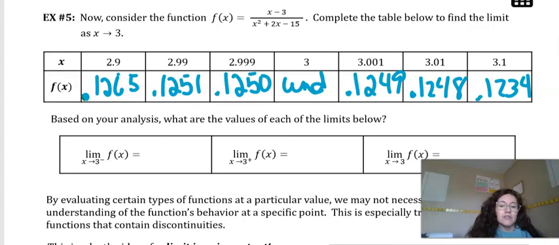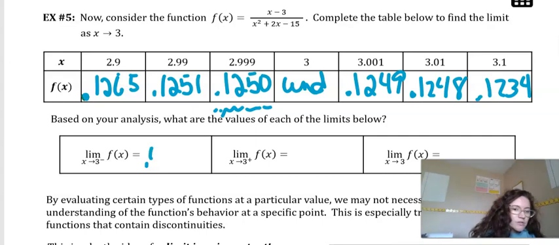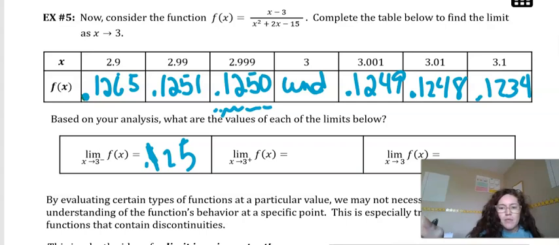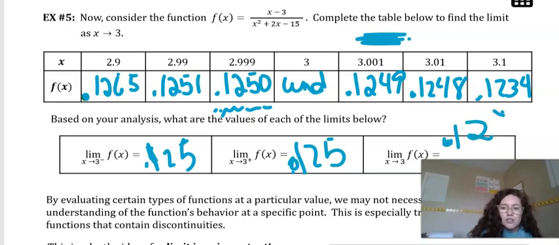From the left, the closest I get is right here, so that's going to get 1.249. From the right, the closest I get is right there, 1.250. So if those match, then we're set, okay?